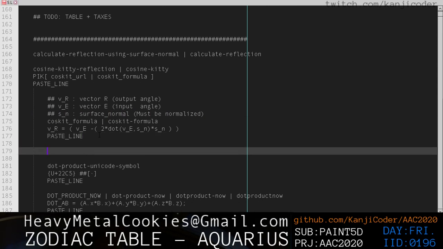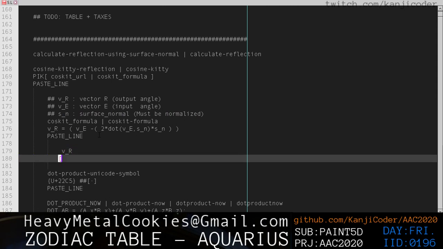So we might want to codify this, right? So VR, vector R, output angle, and reflection formula.